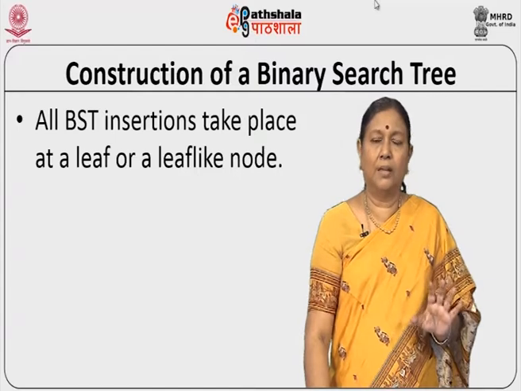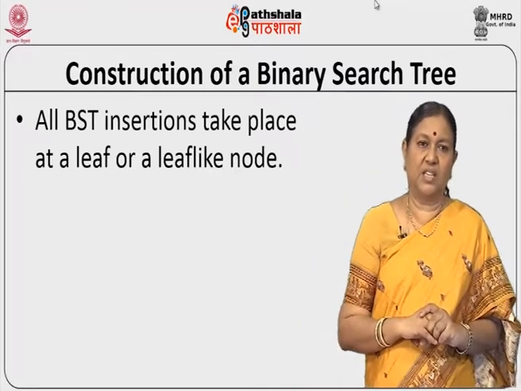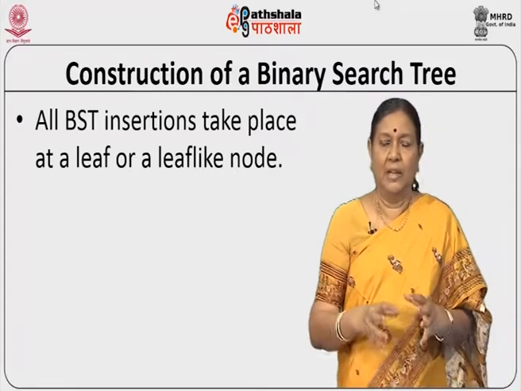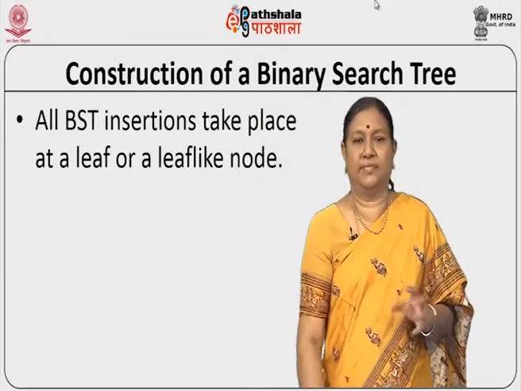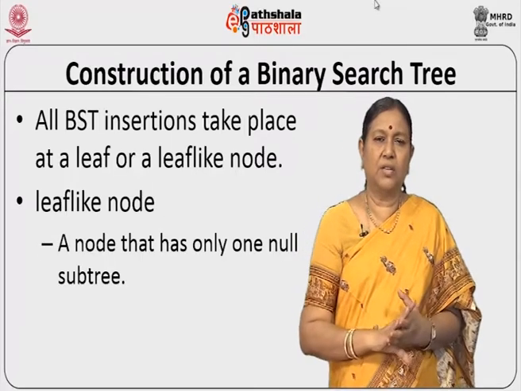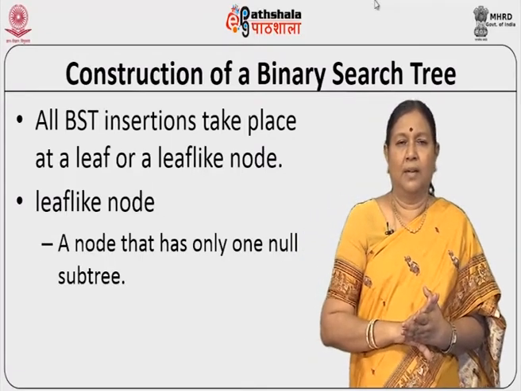All binary search tree insertions take place at a leaf or a leaf-like node. That is, you have to go and find a place where you have to put this node, and that will always be a leaf. And a leaf-like node is a node that has at least one null subtree.